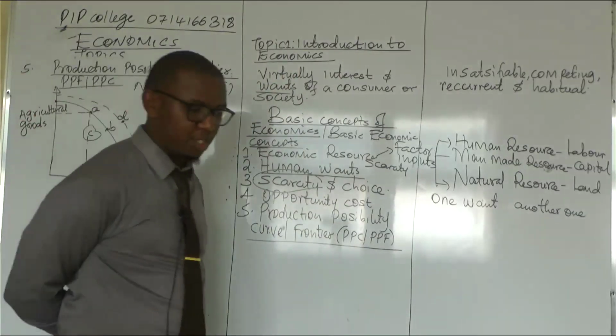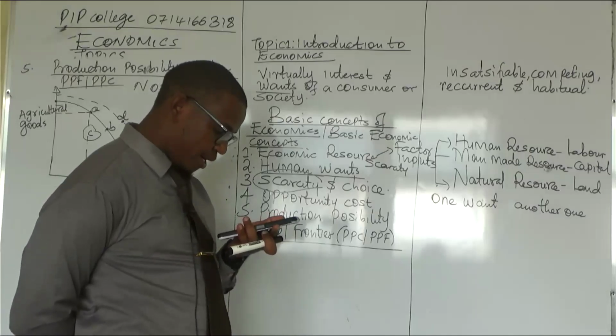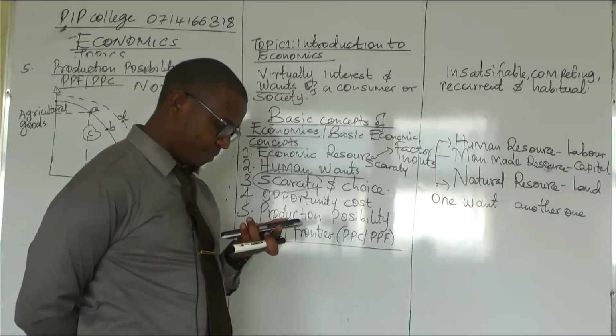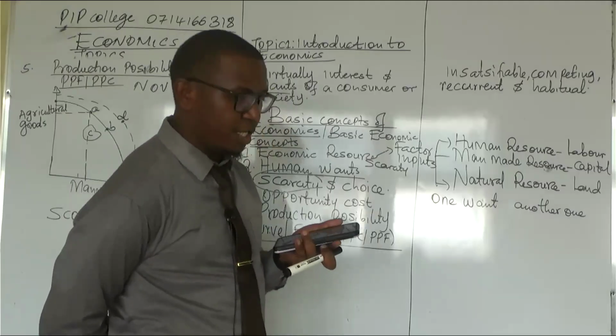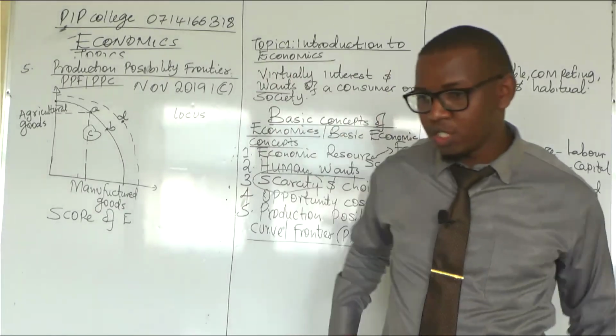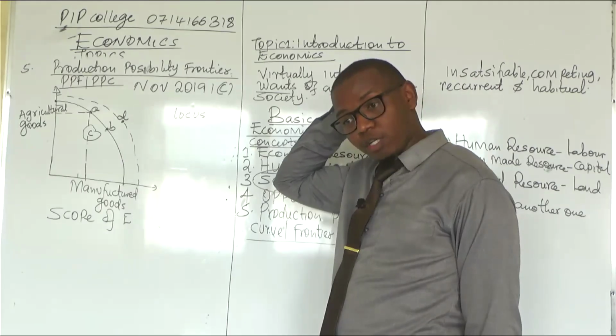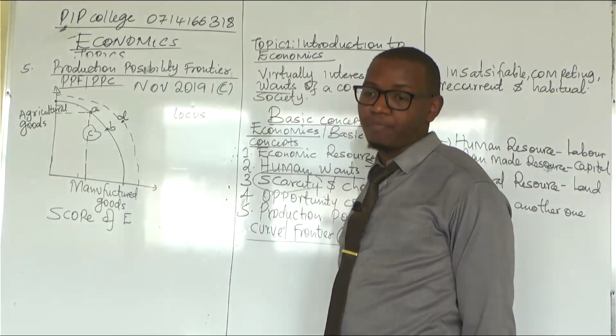With the aid of a well-labeled diagram, you explain the production possibility curve. In that case, it was giving you 6 marks. You just explain as we've been able to do it, and you earn yourself the 6 marks.